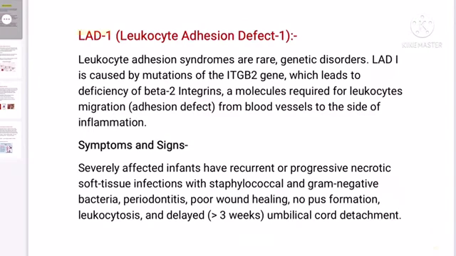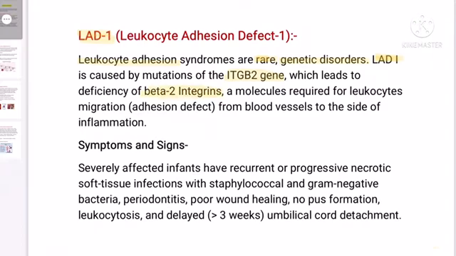Leukocyte adhesion defects are rare genetic disorders. LAD1 is caused by a mutation in the ITGB2 gene, which leads to deficiency of beta 2 integrin. So it's an integrin defect.